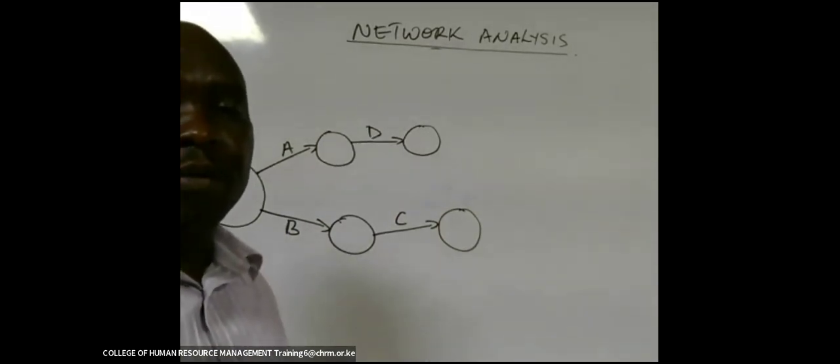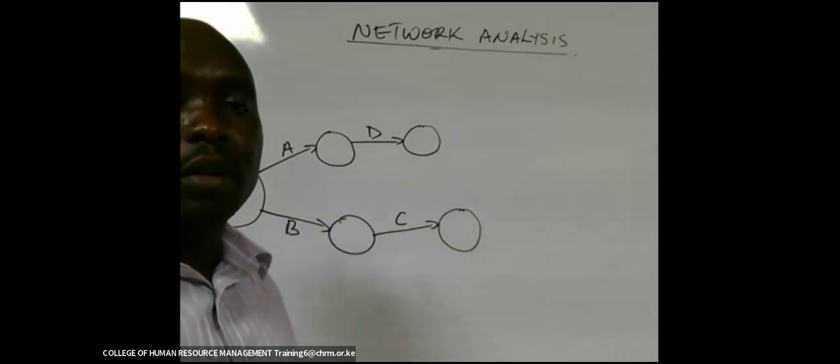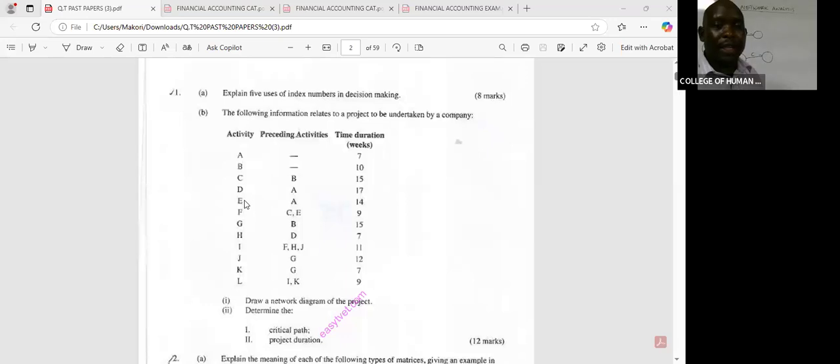We move on. Activity E also will start after A has been completed. And does activity E have a pair which it is combined with, and those activities have been completed?